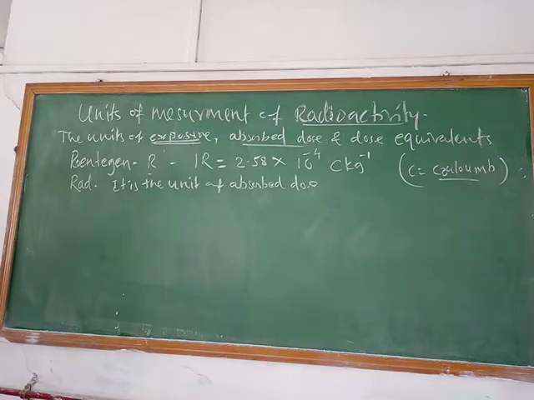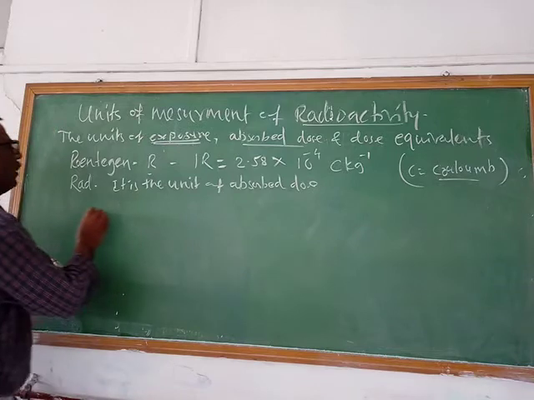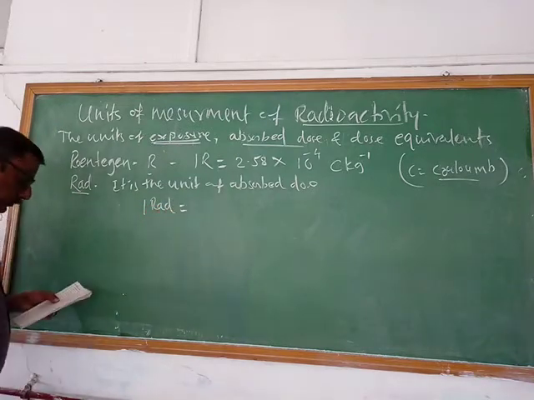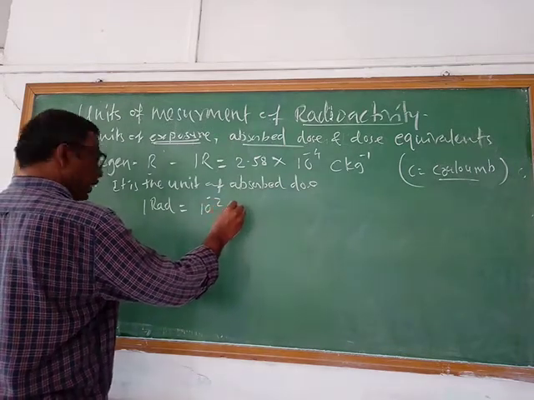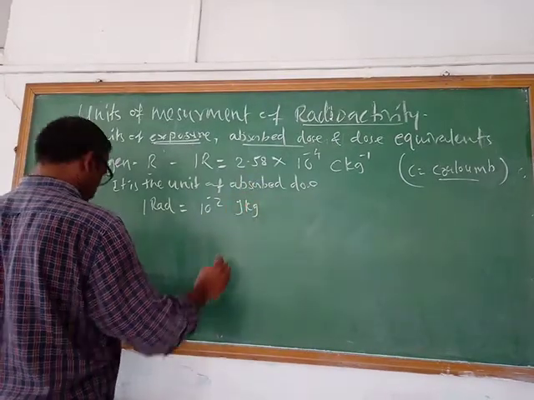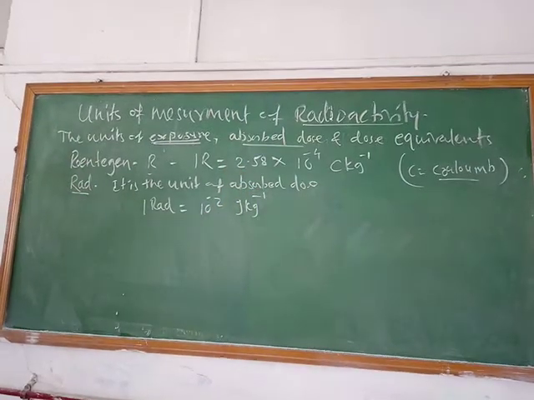So 1 rad is equal to 10 raised to minus 2 J kg minus 1. Then rem.